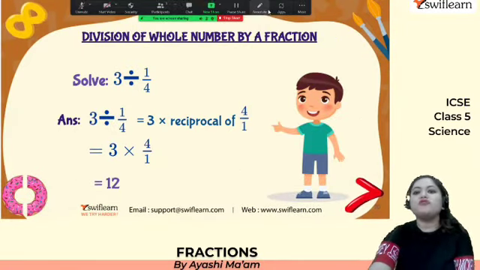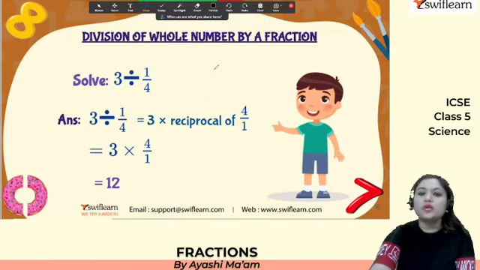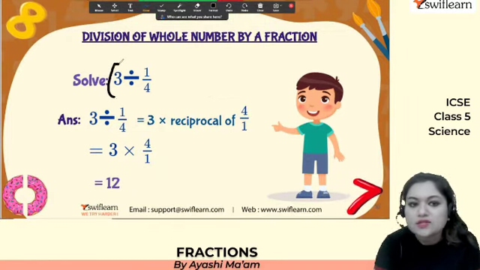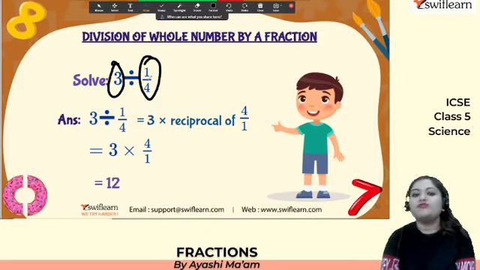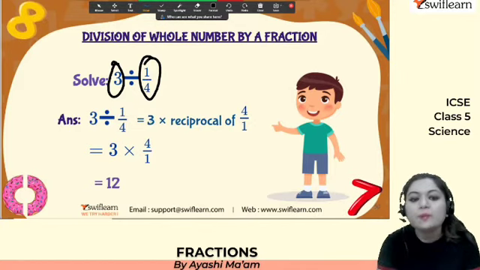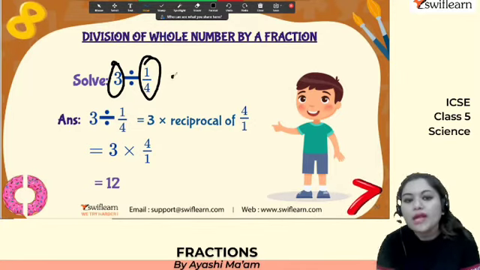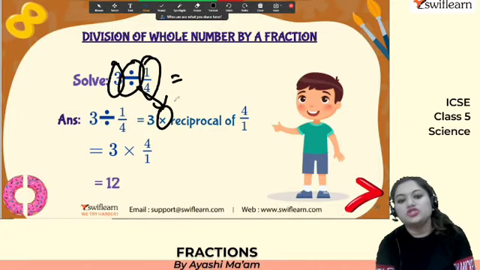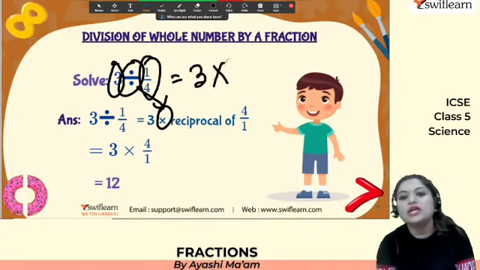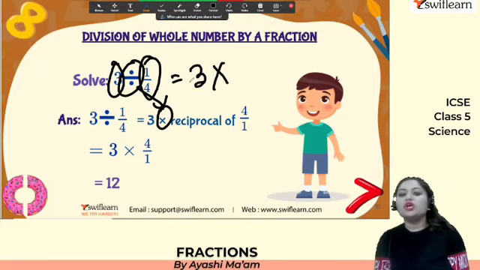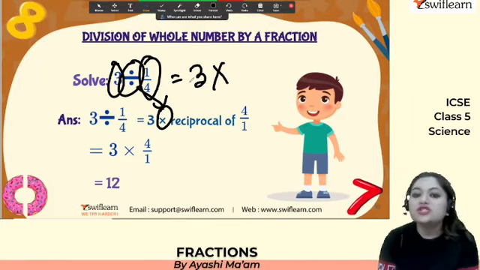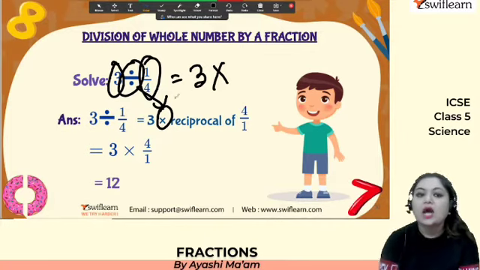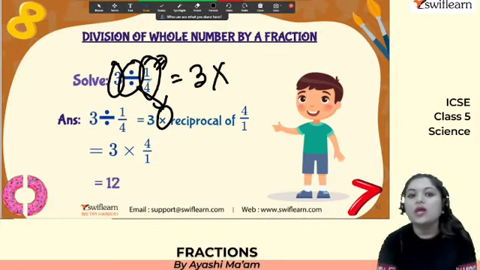Now, division of a whole number by a fraction. What do we need to do over here? The whole number is 3 divided by 1 by 4. What happens during division is that the division sign turns into multiplication. Very, very important. 3 into. While performing division, the division sign changes into multiplication and we take the reciprocal of this fraction.